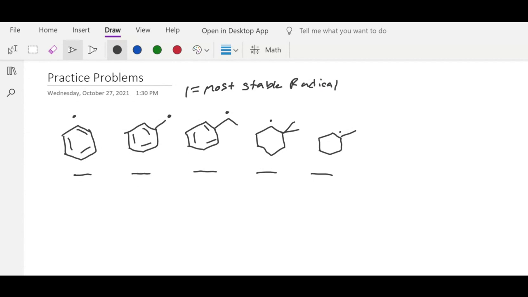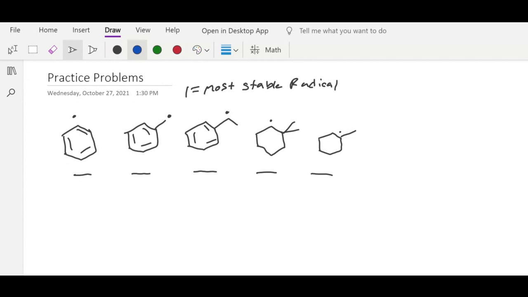Okay, so whenever we're dealing with free radical halogenations, or sorry, not free radical halogenation, we're just dealing with radicals, there is a trend. So it helps to know that trend. I would suggest writing that trend first thing whenever you get to your exam or quiz.